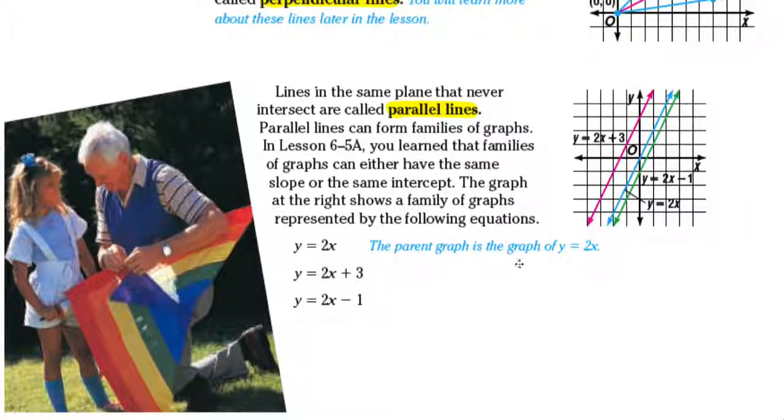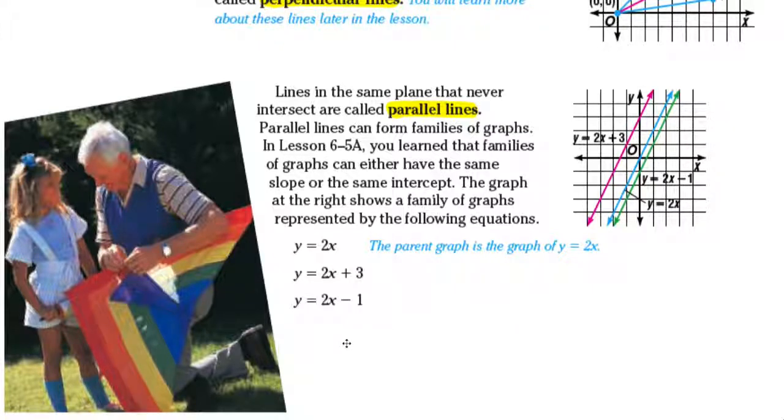So the parent graph is y equals 2x. Now, why is it called the parent graph? Because if you notice very carefully, they are all parallel lines.